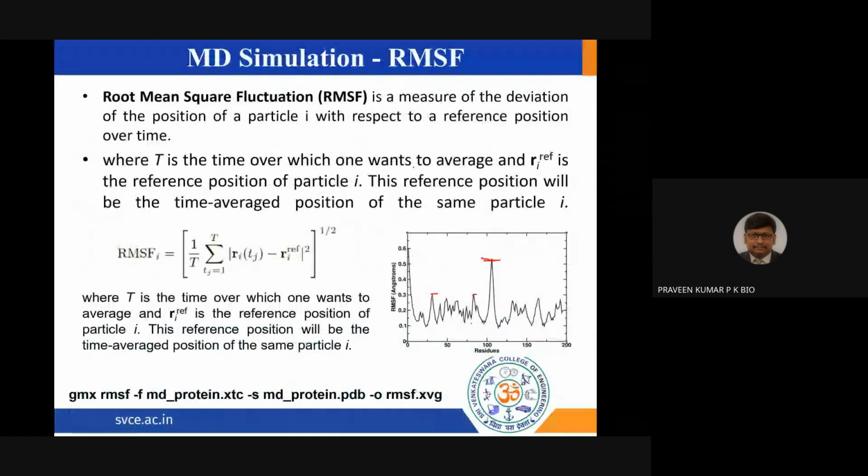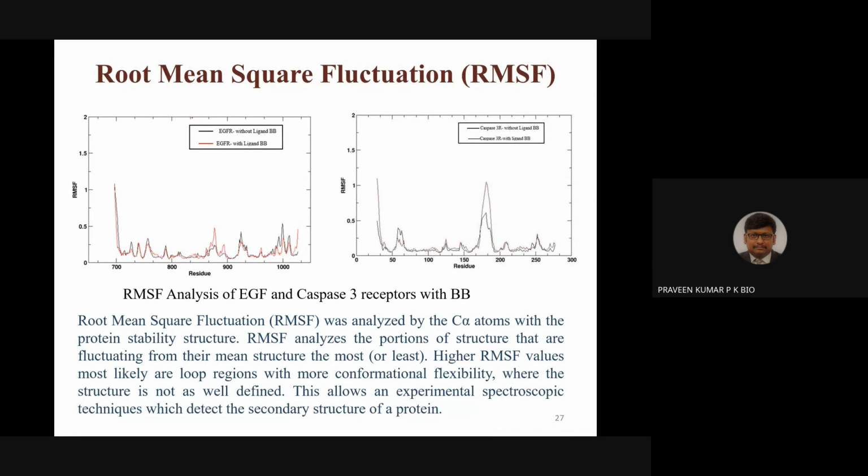Got it? So how can we execute this? Using the GMX command, of course, you use rmsf, then only will you get the RMSF output. Finally, you save it as rmsf.xvg. And this is root mean square fluctuation from a case study; whatever I ran for RMSD, I similarly ran for RMSF. Here you can find similar residues with more fluctuation with ligand.